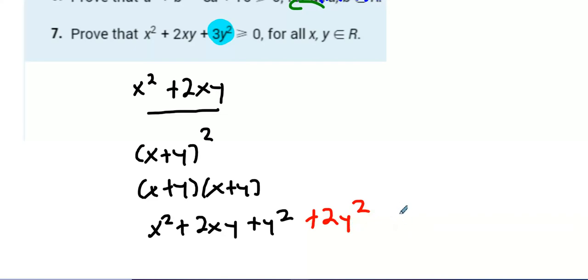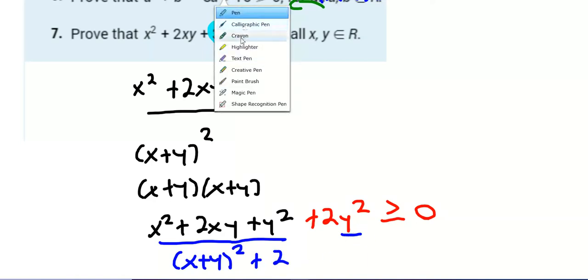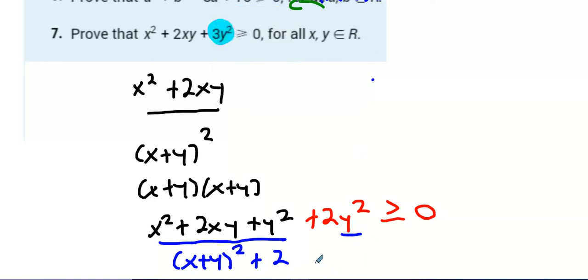Now, here's the trick. What did we say this part is again? That is a perfect square. And what's y squared? Y squared is a perfect square. Think about it. Any number squared is positive.